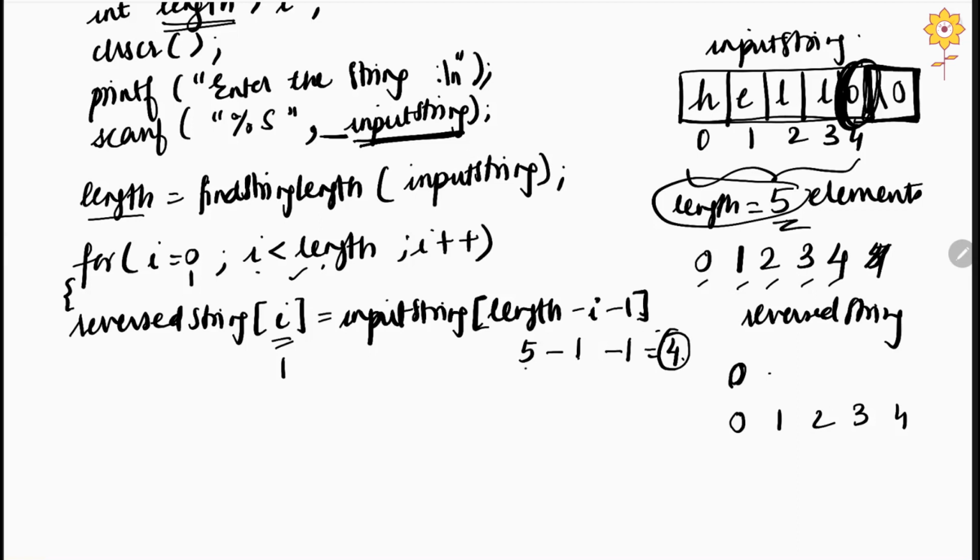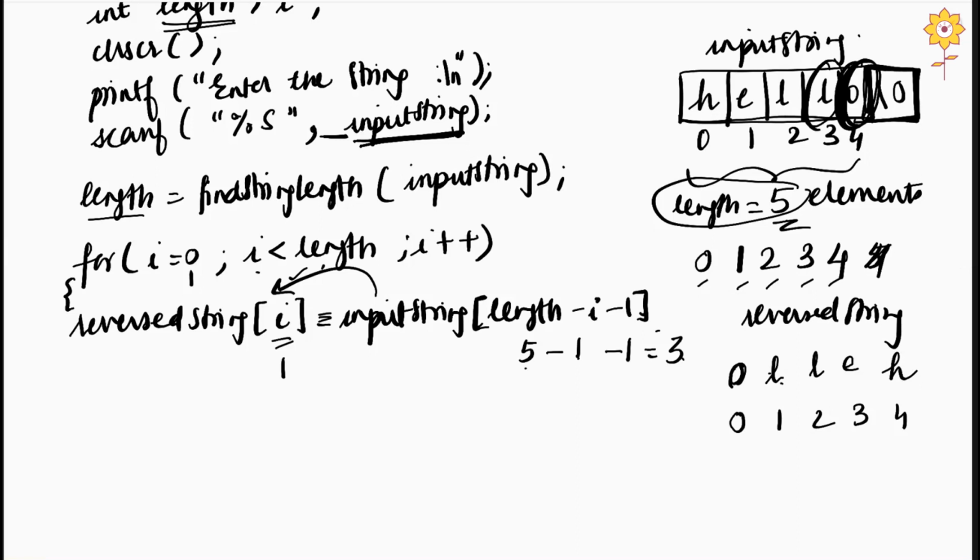So this will be 3, correct. Whatever is in the input string at the third position, that is L, will be placed in the 1 position of the reverse string, which is here. So what will come here? L, and so on, correct. This is how each of the elements will come in your reverse string. So this is how you will get the reverse string.